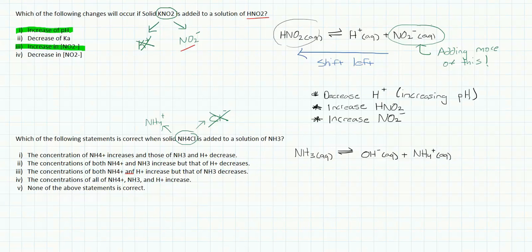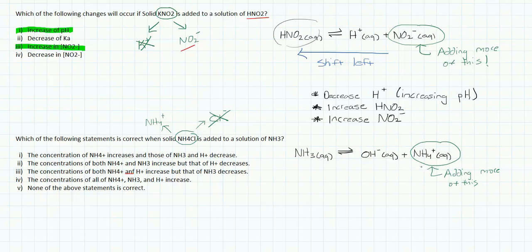All right, now, remember what I did last time. What we're doing is adding more NH4 plus. We may have a basic solution as opposed to an acidic solution last time, but make no mistake, this problem is exactly the same.